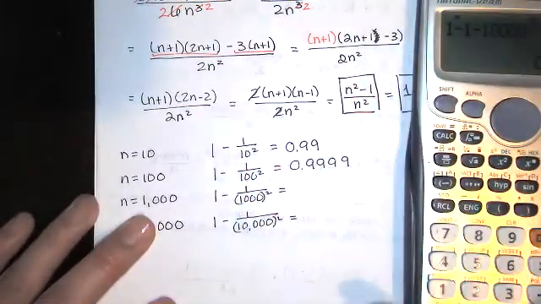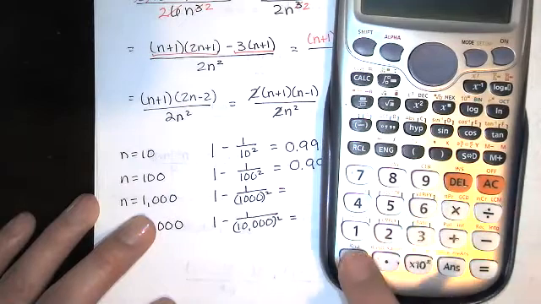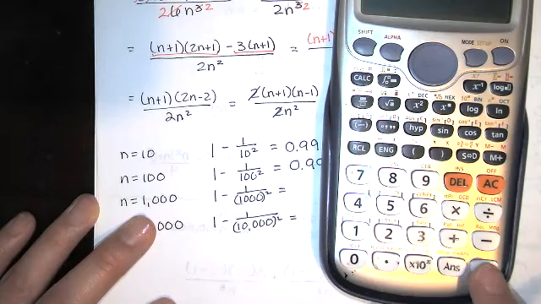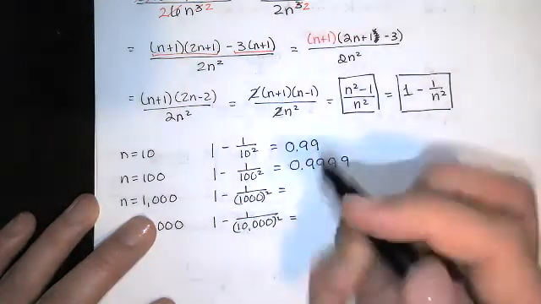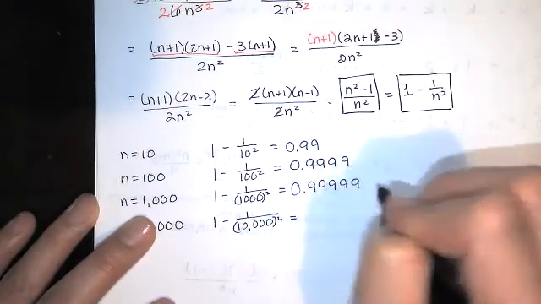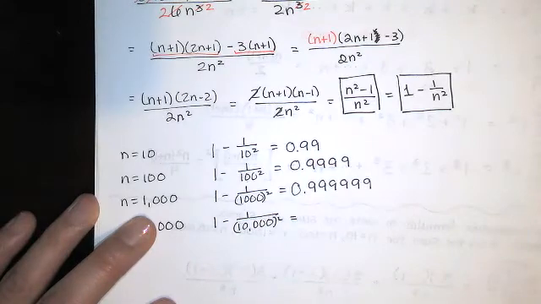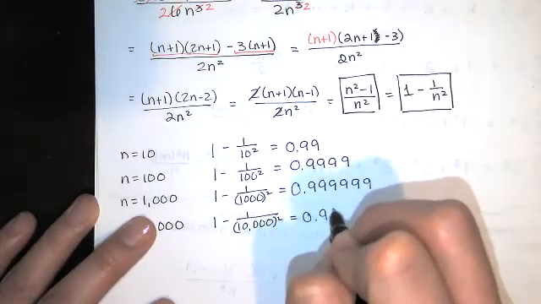Now if I have 6 zeros, 1 minus 1 over 1, 2, 3, 4, 5, 6. What's that, a million? 1 millionth? Now we've got 6 nines here. And we're going to have 8 zeros. That means we're going to have 8 nines over here.